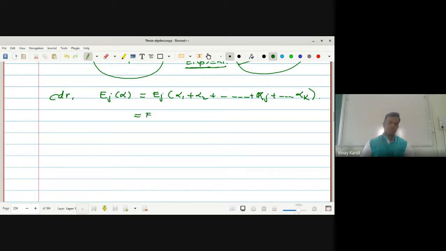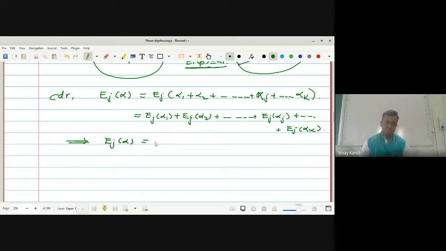This is equal to E j of alpha 1, E j of alpha 2 plus up to so on E j of alpha j plus up to so on E j of alpha k. Okay, so this implies E j of alpha is equal to summation of I running from 1 to k E j of alpha I. Is it correct?